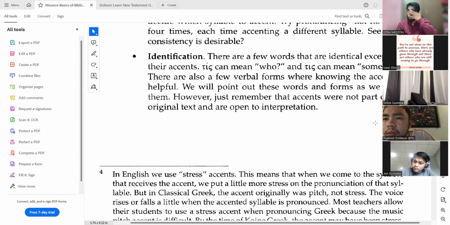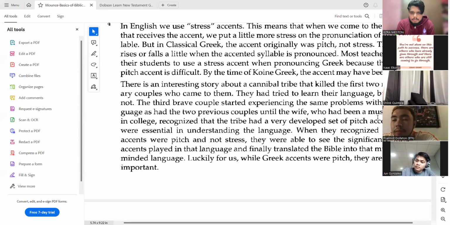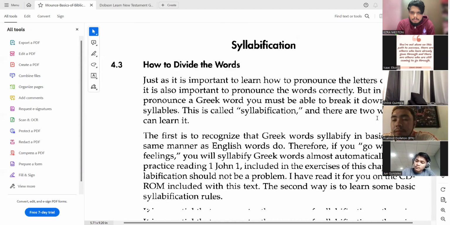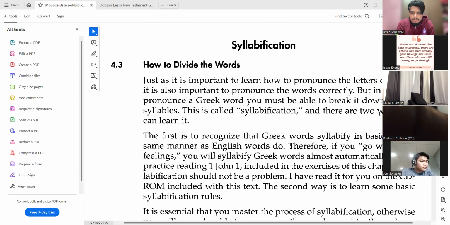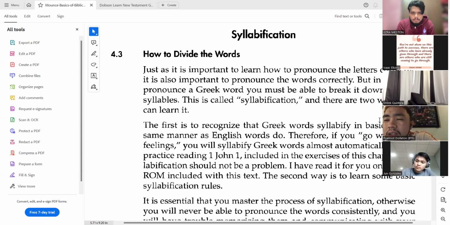Unfortunately, we do not have pictures, right? We do not have access to the pictures or to put in video, something like that. Okay, I leave these footnotes up to you, but these are also interesting. Syllabification, how to divide words. I don't want to treat you as children, because all languages have syllabification.